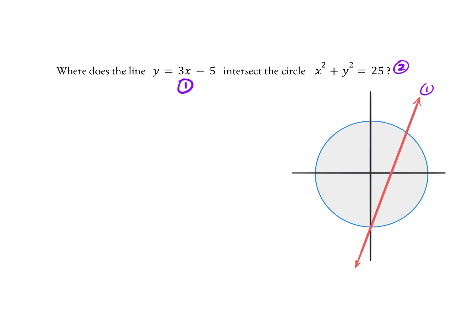So if I was to label that, there's my 1, there's my 2, fully labeled. What we just found out was we had a point of intersection at my green 0, negative 5, which I'm going to argue to you should make sense. If my circle has a center 0, 0 and radius 5, then if I go straight down from my center, I have to have a point on that circle at 0, negative 5.